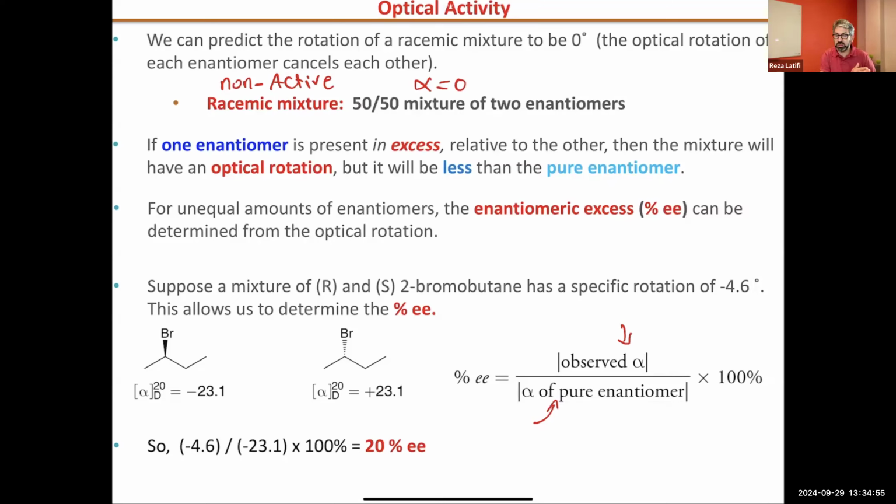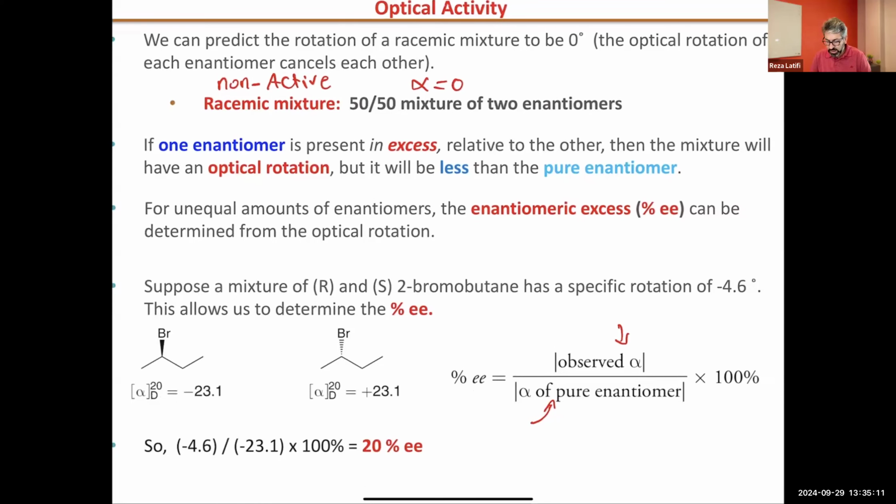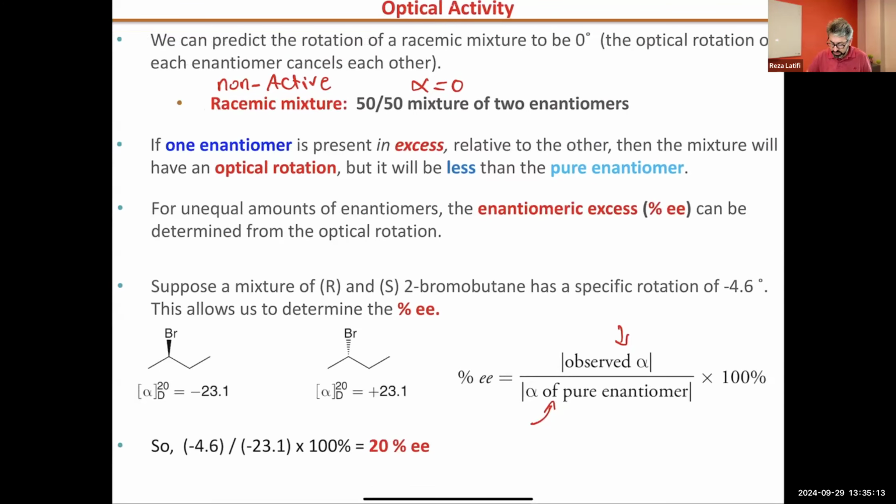You know that the enantiomer is 100% pure because you use other techniques to confirm it. And if you divide those two and multiply by 100, that's going to give you the percentage of the enantiomeric excess.